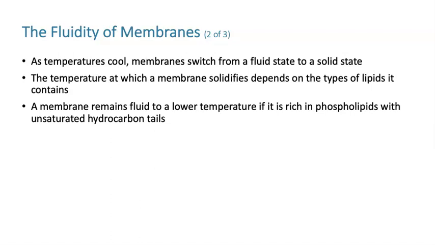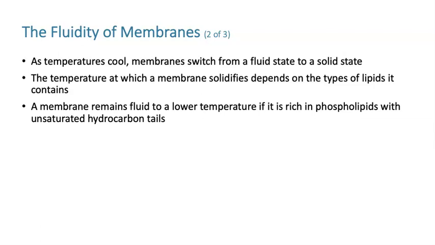So even humans and other mammals that are able to maintain a steady homeostasis of temperature still have to be able to maintain fluidity even when temperatures change. So we in part do that because we can maintain our temperature, but not everything can. Fish can't maintain their temperature very easily.